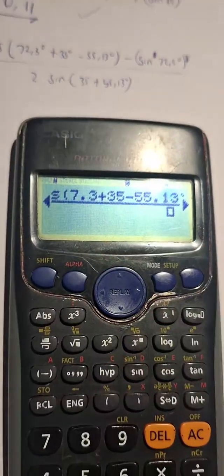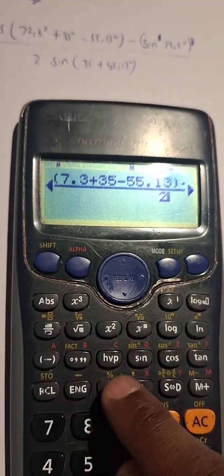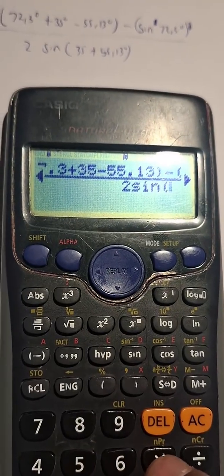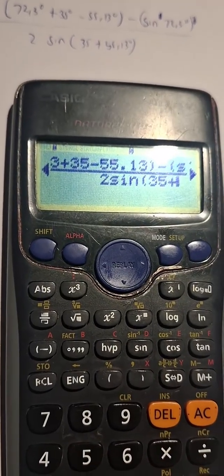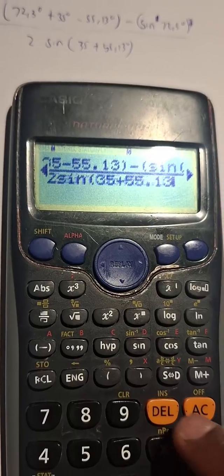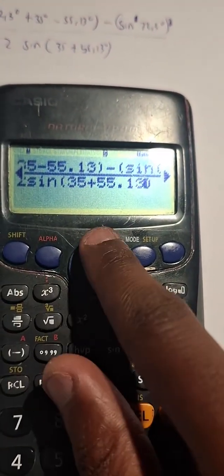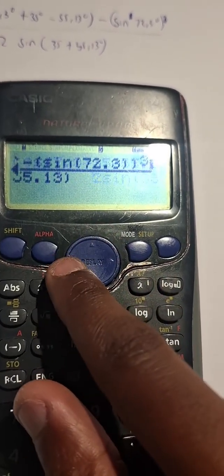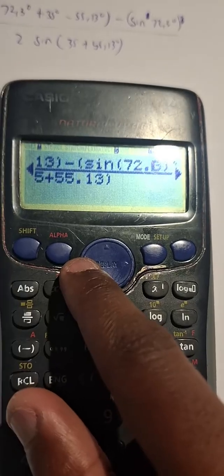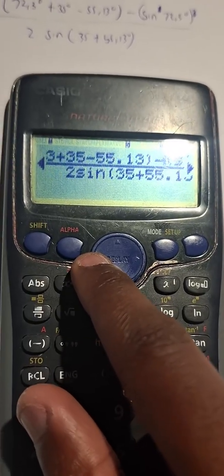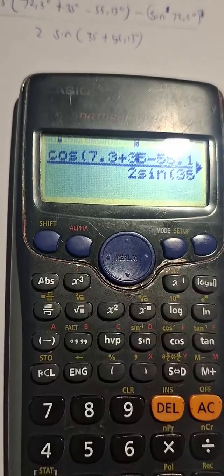Now in the division it's 2 sine what? 2 sine 35 plus 55.13, close the bracket. Just verify and check that all the values have been inserted correctly so that I don't get an answer that will deviate from what I'm anticipating, or at least that is far off.